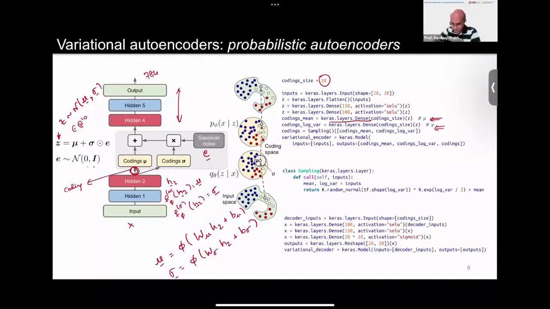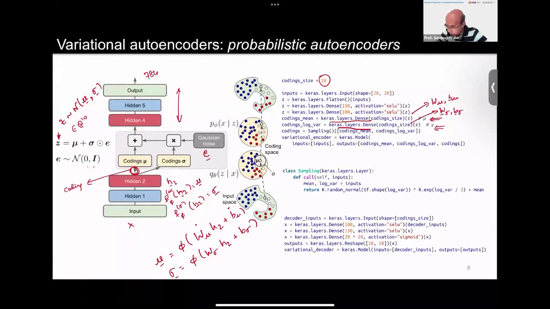Whenever we call a coding layer dense, by default, every Keras layer dense will have a set of weights and biases. Now if I call one more layer, this will have, say, weights and biases as W mu and B mu, and this will have, say, W sigma and B sigma.